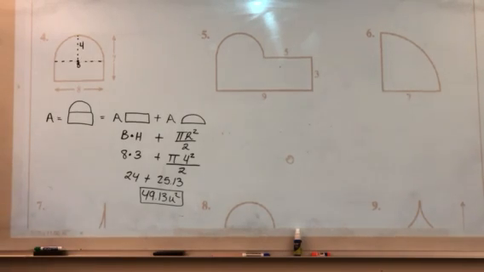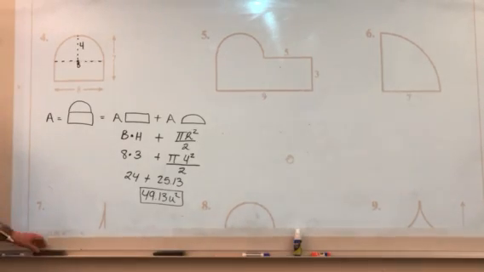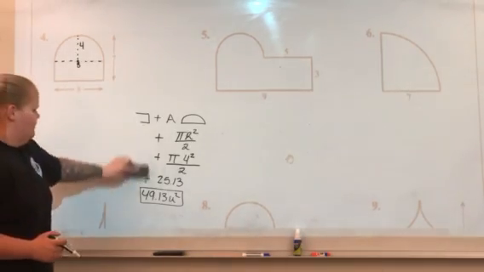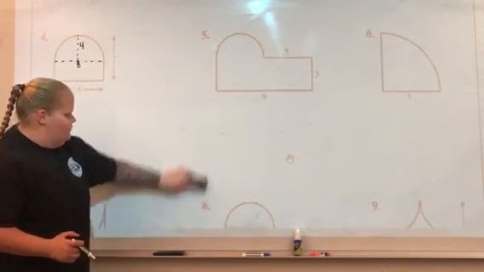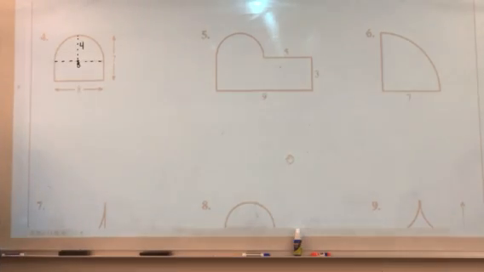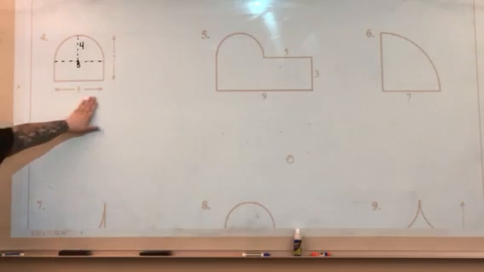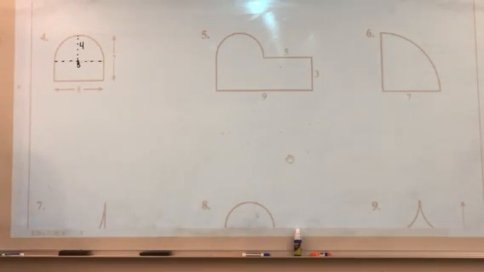To find the perimeter is a whole other different story. The perimeter is the distance around. So I'm looking at a couple different distances, or a couple different pieces, and I'll try and do those in separate colors just to clarify here.